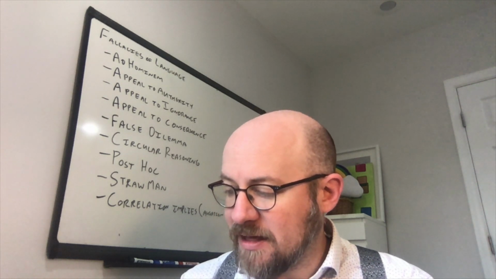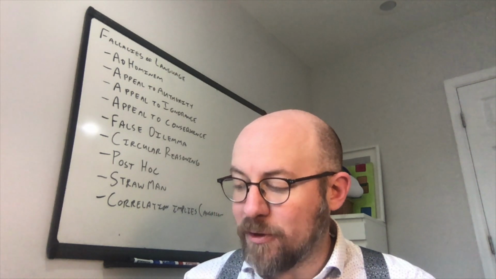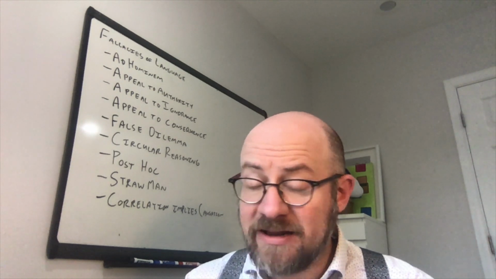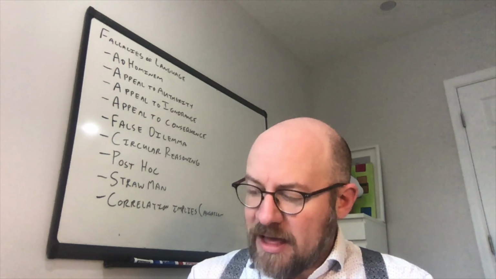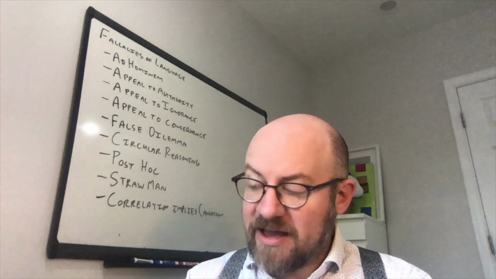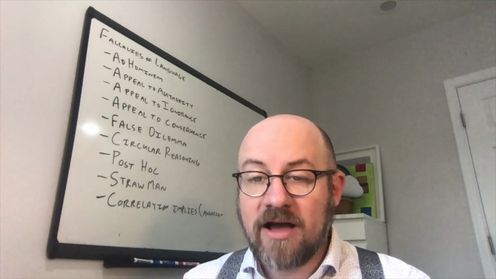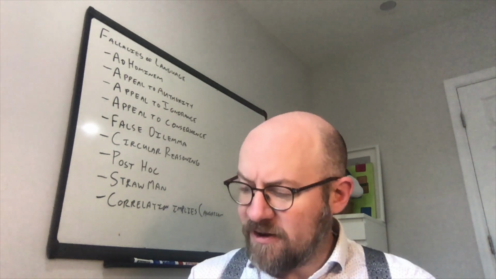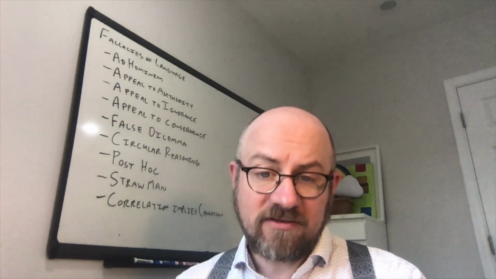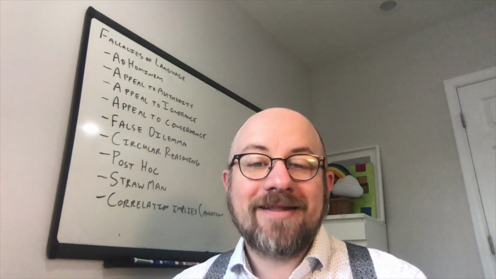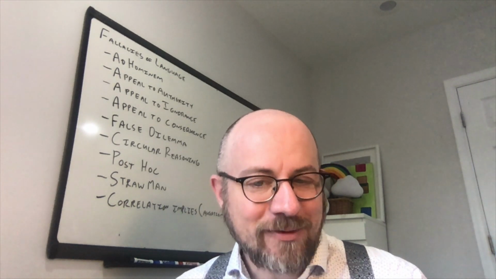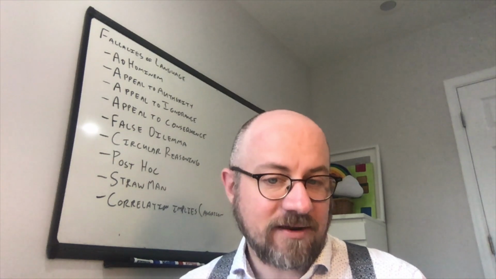An example related to our current situation is a politician comes out and says, my opponent believes that we should wait for scientists to decide when the economy should reopen. Apparently they're fine with just waiting until all small businesses have failed and unemployment is 50%, right? And that's not what they said, right? They said we should wait until scientists think that it's okay.